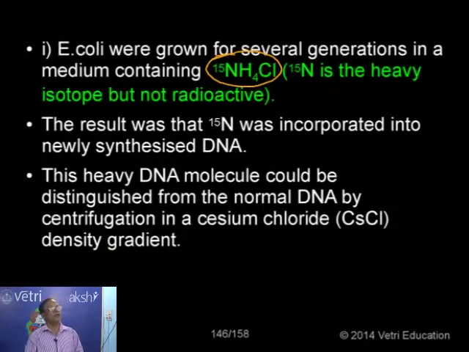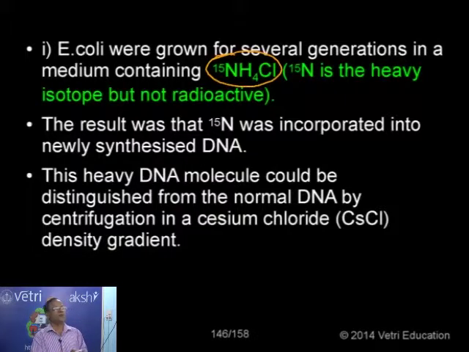Then how would they distinguish this DNA molecule with the heavy nitrogen from the normal light DNA? The heavy DNA molecule could be separated, or differentiated, from the normal DNA by the centrifugation method on a medium, namely cesium chloride.